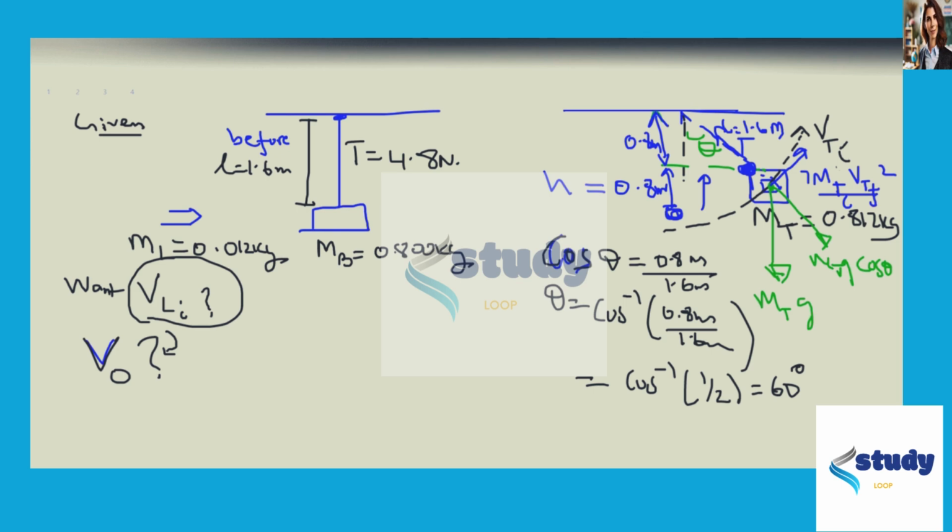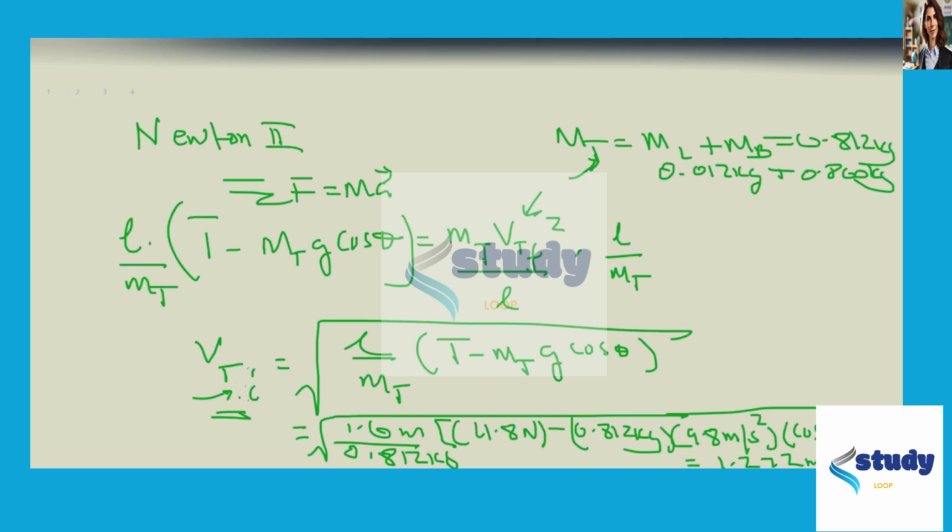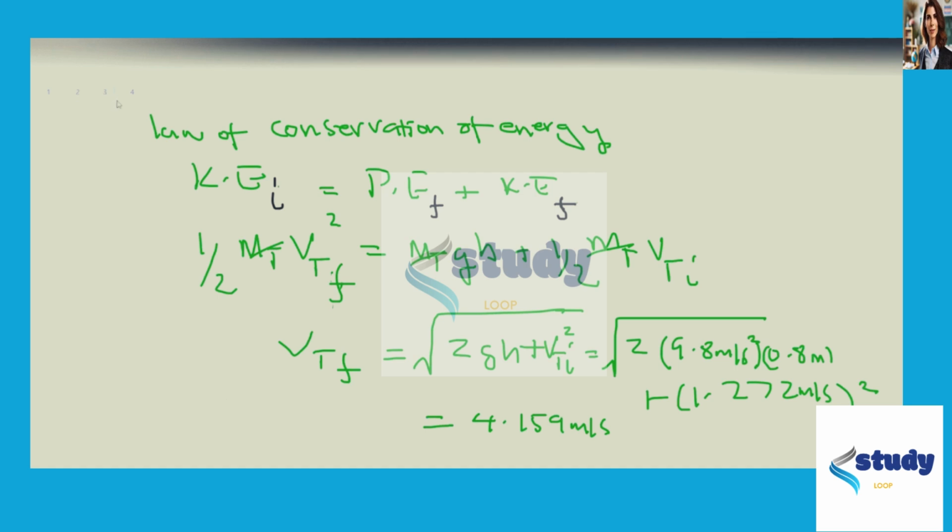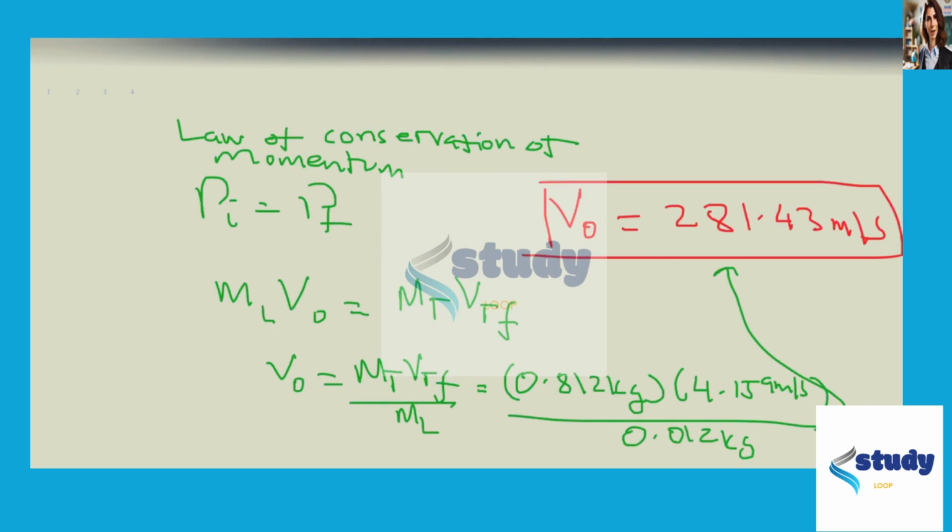Prior to the collision, the block and the bullet are separate, but then they combine. That's why we're calling this total mass. We do the computations to get this initial velocity when they collide, and then they keep rising upwards, and we have a final velocity as they rise. That's the velocity we want, to help us compute the momentum. Remember, the initial momentum and the final are the same because of the law of conservation of momentum.